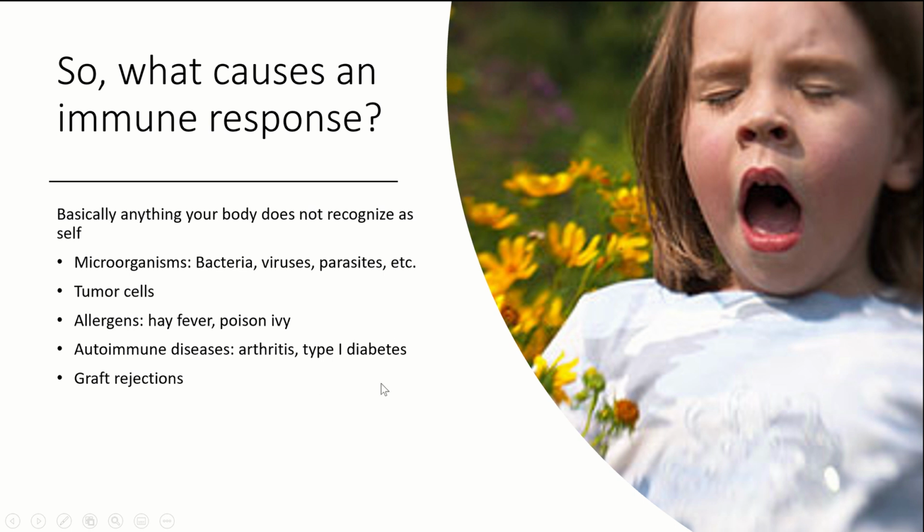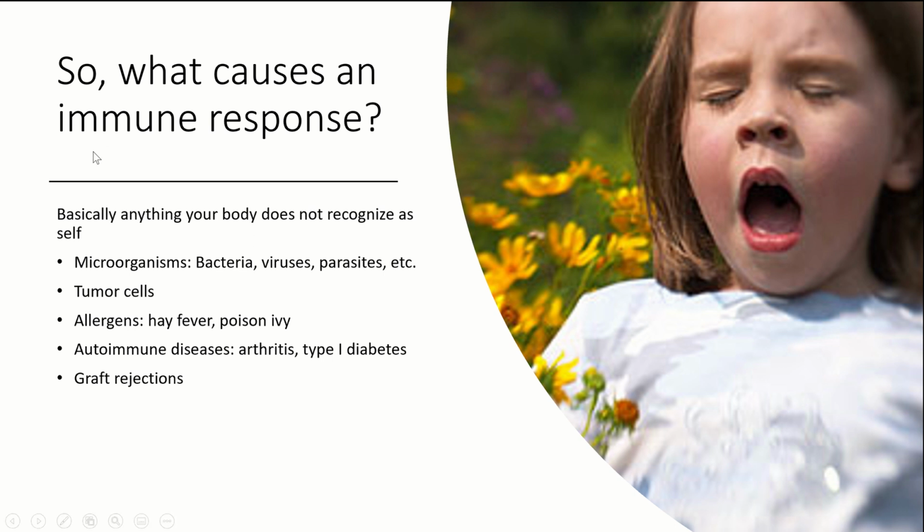In type 1 diabetes, your body will actually start attacking certain receptors and stuff like that, certain cells. And then it's also in graft rejections, right? So if you get a graft, that's another part of a different human. And so if it's not matched well enough, if your immune system is strong enough, it will see that this is not a part of you and it will start to attack that, and your body will reject that graft.